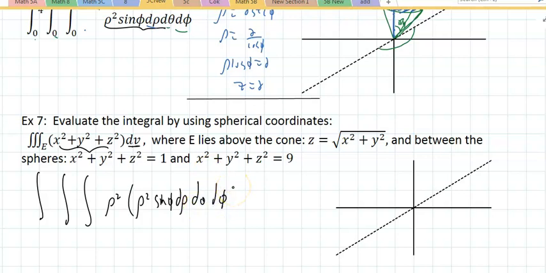Okay, so let's see what they want. E lies above the cone. There's the cone, and between the sphere, z equals 1, so rho squared equals 1, or rho equals 1, and rho equals 3. I see. So a sphere that's running between, okay, so you have two spheres.